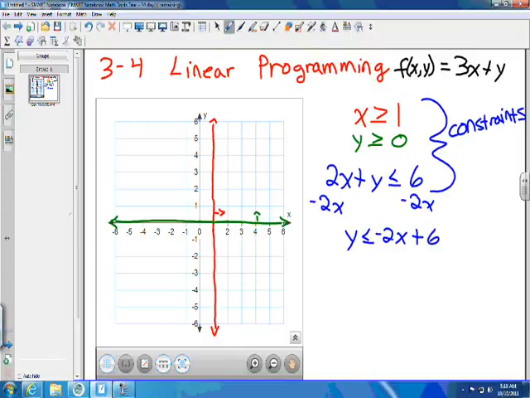And again, I would do that in your calculator because it's going to show you which side of that line to graph. You don't have to do your test point like we talked about last chapter.